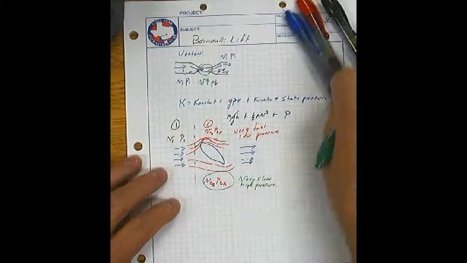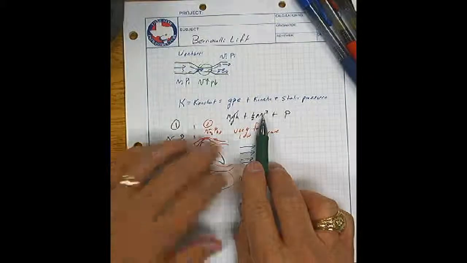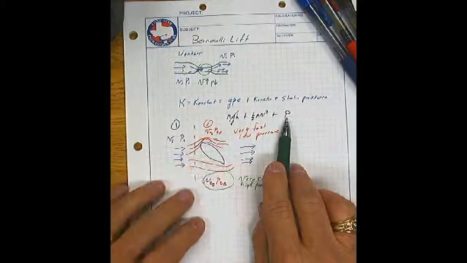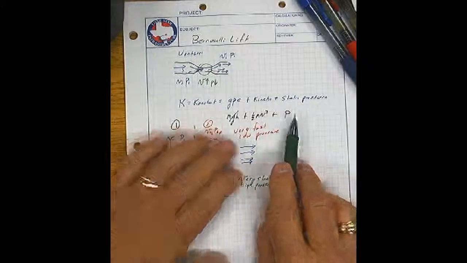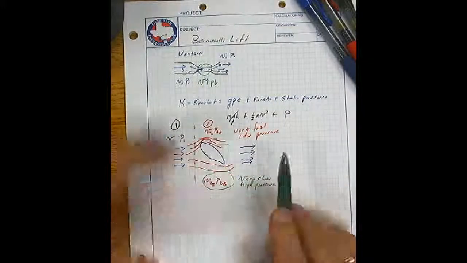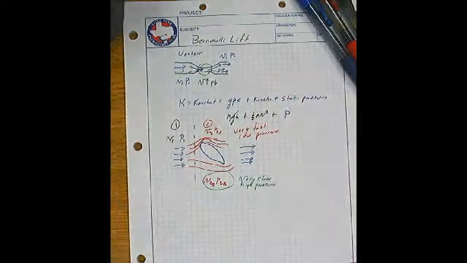Because of Bernoulli's equation, as the velocity slows down, the pressure goes up below the wing. As the velocity speeds up above the wing, the pressure goes down, because that has to be a constant in my entire environment that I'm working with.